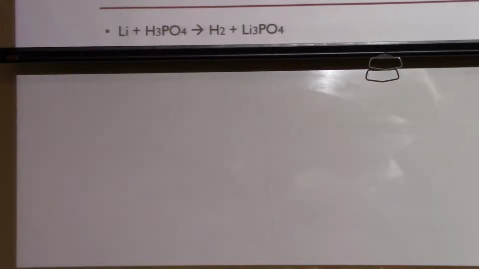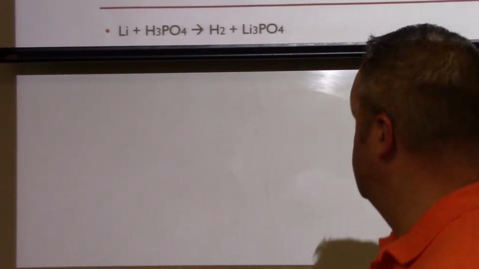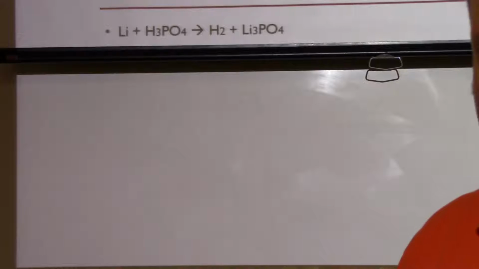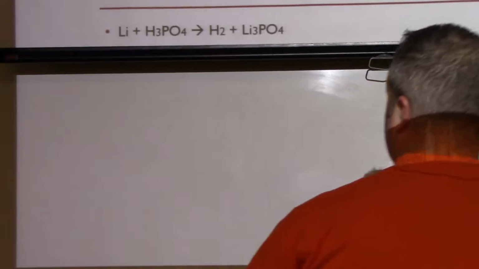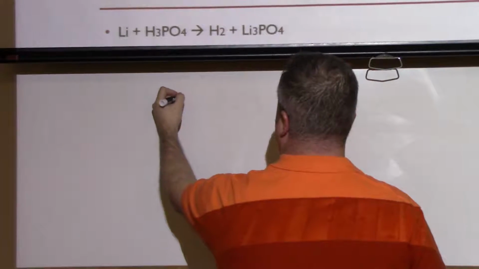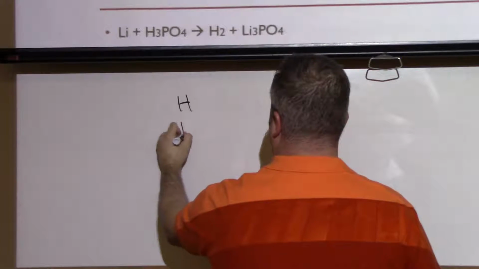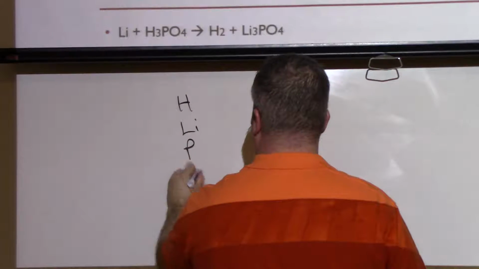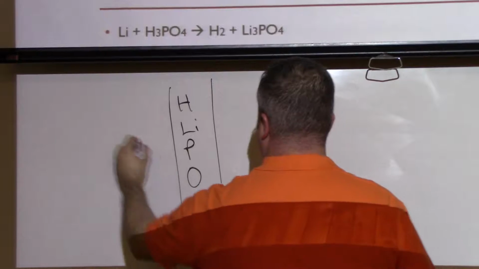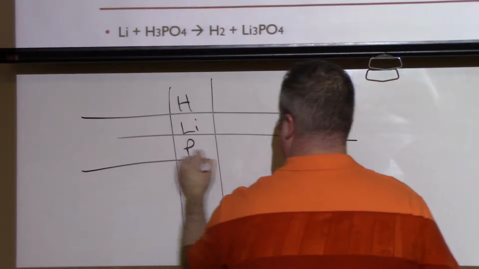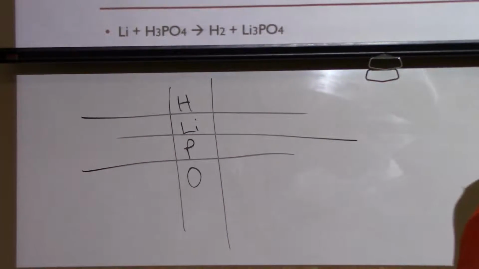So looking at that equation, let's go ahead and set this up with the little chart that we make at the beginning. So we're going to list our elements. We have hydrogen, lithium, phosphorus, and oxygen. And so we just need to count all of our atoms for each element.